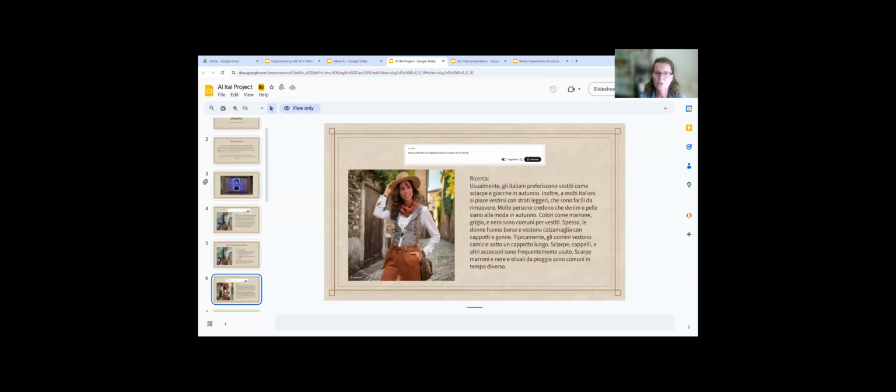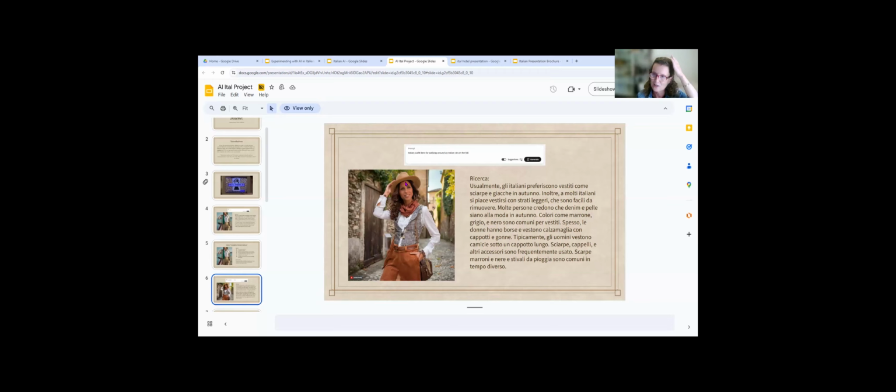And the same for this other prompt that they gave: Italian outfit best for walking around an Italian city in the fall. The background can be an Italian city, a sort of historical Italian city, the cobblestones, the setup. But then probably, I don't think that an Italian woman would wear this kind of outfit.